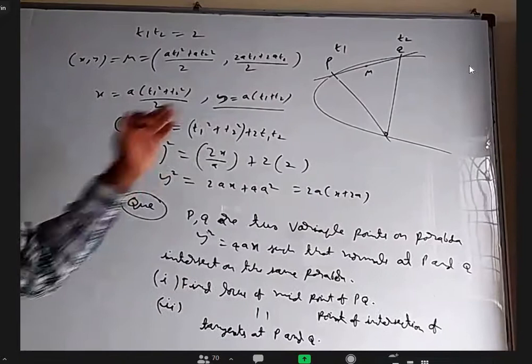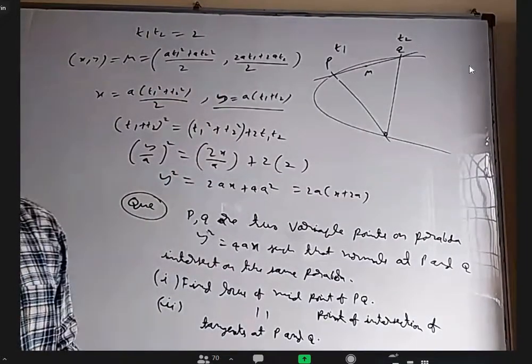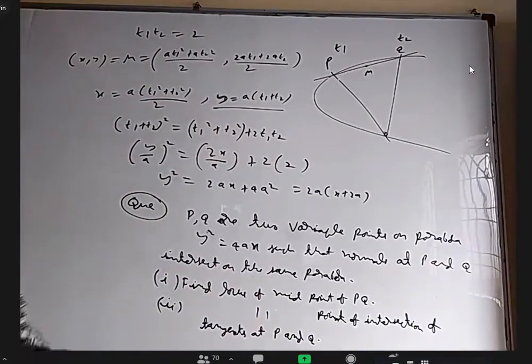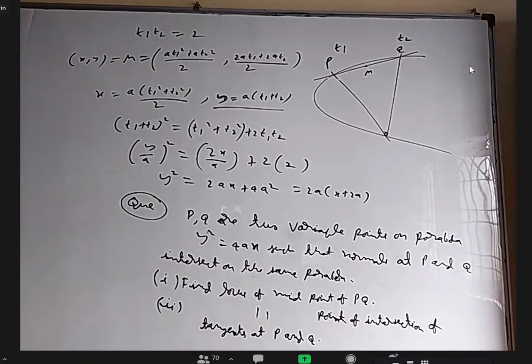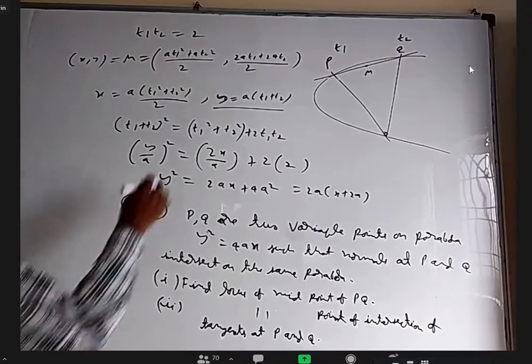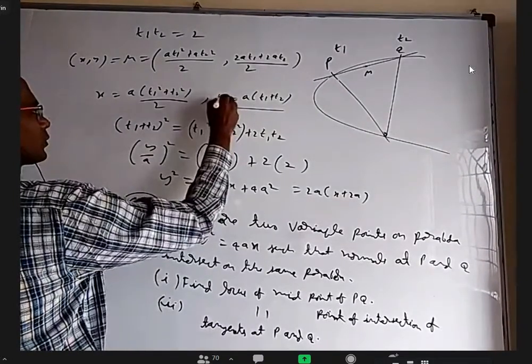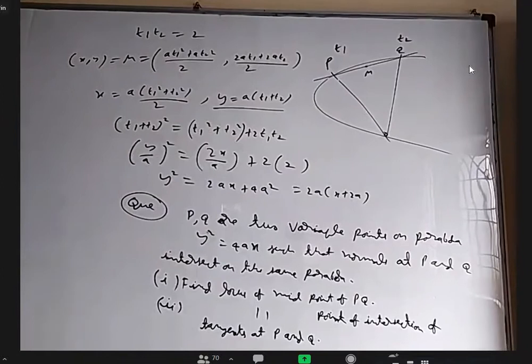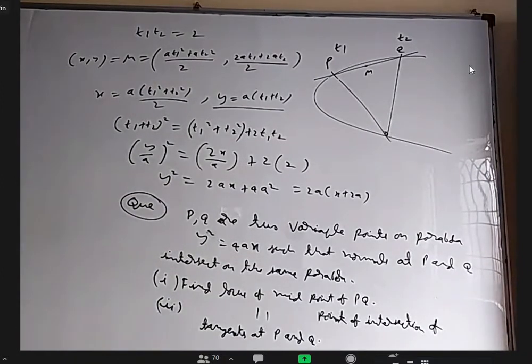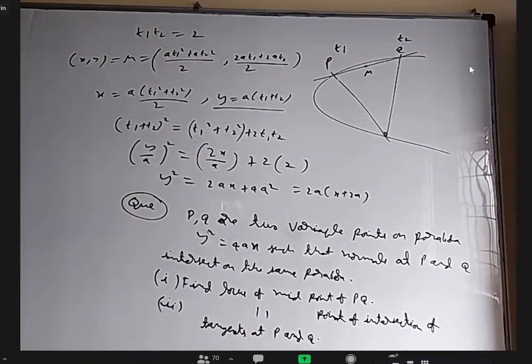So without parametric forms, you can see it's so complicated. With this, we got it just like that. Is it okay? So you completed second part of this, you can tell me what is the answer.